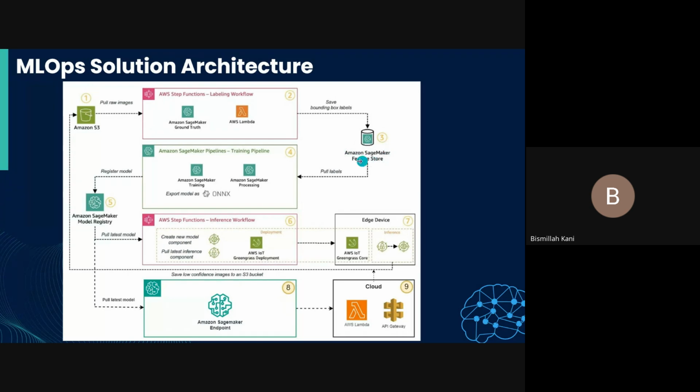Since the feature store data cannot be directly used for your training, the SageMaker processing step needs to convert the data stored in the feature store into a format that is suitable for your object detection pipeline. After this processing, the training will trigger, and once the training is completed, the model will be exported as an ONNX format or any format that is suitable for your deployment.